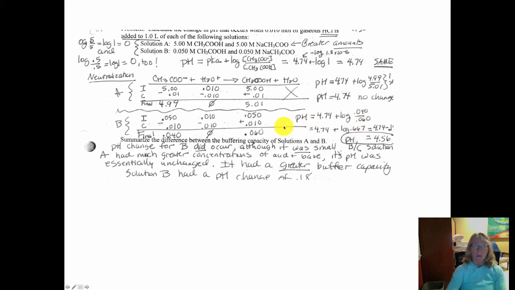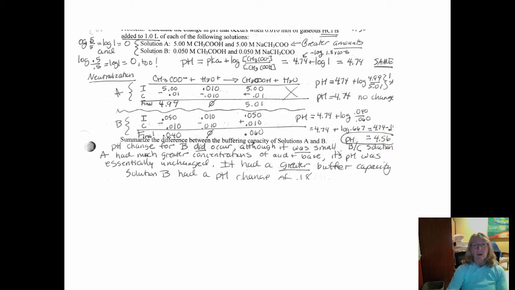That's 0.04, the base, over 0.06. That's where that came from here. And essentially that got cut off a little bit as well, but it's showing 4.74 minus 0.18. That's what's missing from right here. And so my pH is 4.56.